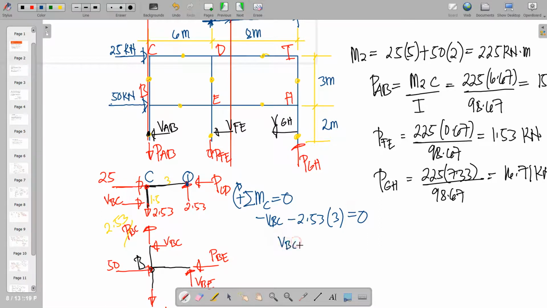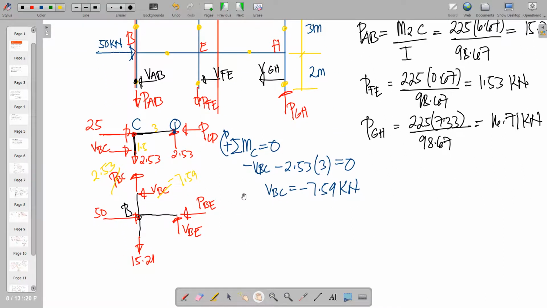So VBC shall be equal to 2.53 times 3, 7.59, or this is negative. So we place it in here, so that we can now take summation of vertical forces here.